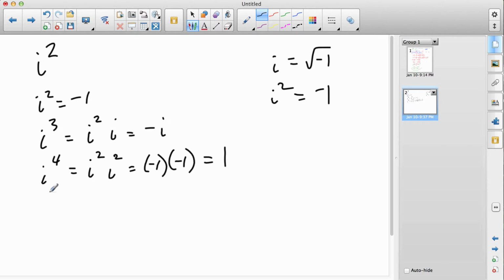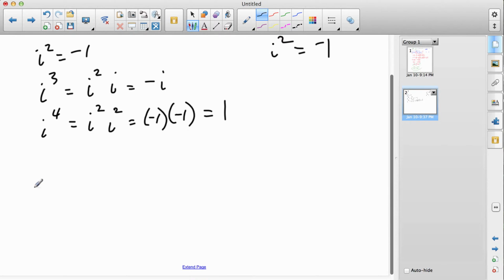So maybe I can use a combination of these things to help me solve one that's a little bit bigger. So say I go i to the 20th. Well, I know that i to the 4th is equal to a +1. So if I have i to the 4th, i to the 4th, is that 20 yet?